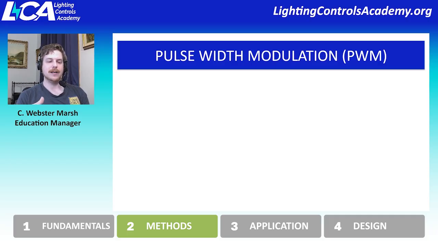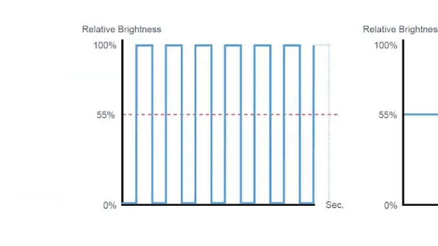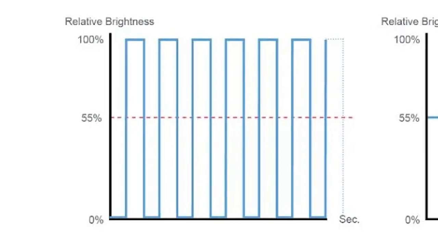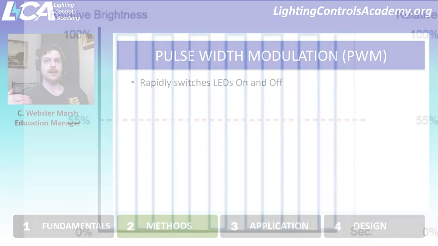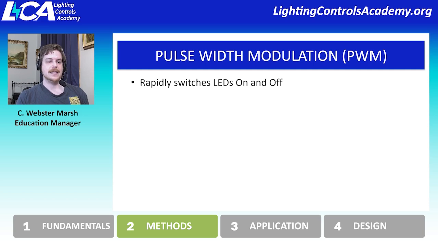So what is going on between the driver and the diodes? The most simple example of what is happening between the driver and the diodes is pulse width modulation, or PWM, which is where the driver is rapidly switching the LEDs on and off. It's just so rapid that you can't see that it's turning on and off, but your perception of the intensity coming out of the diodes is lower. And how we adjust that brightness is based on how long those diodes stay on in that imperceptibly small amount of time.